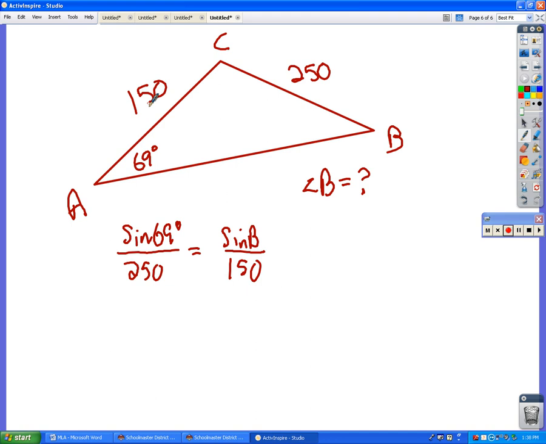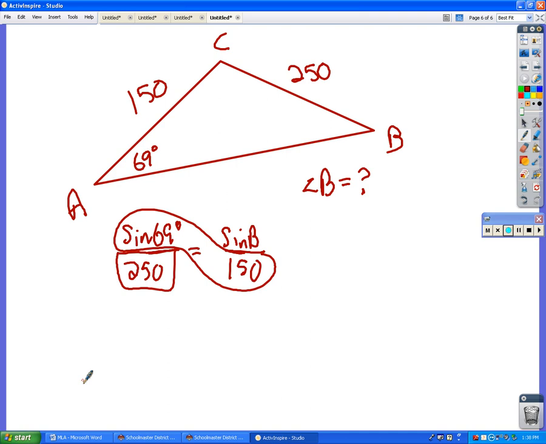Now we're going to cross multiply and divide again. What two numbers are we going to cross multiply to start with? The 150 and the sine of 69. So multiply those two together. And then divide by 250. And tell me what you get from that. About .56?